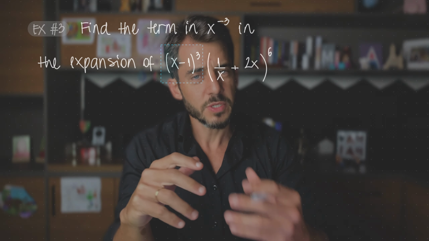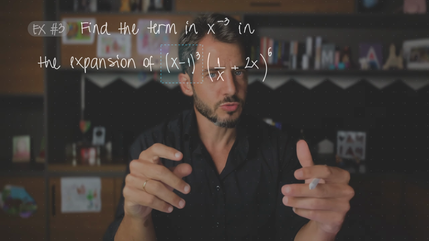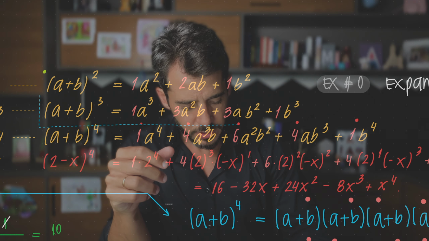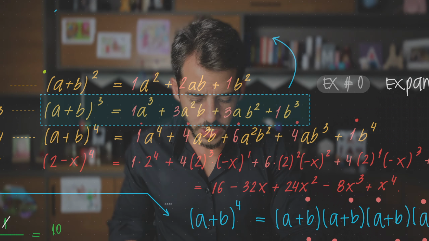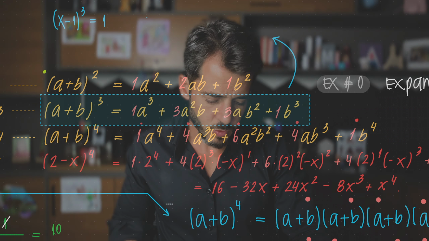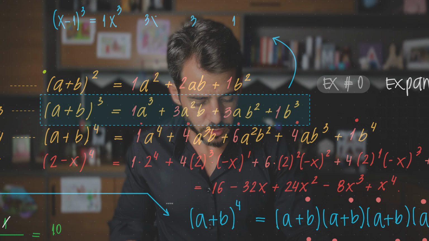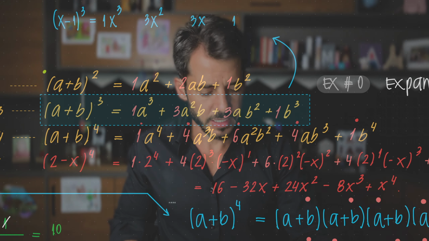Now, this expansion can be done quite fast. If you remember the third row of Pascal's triangle, which we can see right here, 1, 3, 3, 1, we can use it to expand x minus 1 cubed. So we have 1, 3, 3, 1. We have x cubed, x squared, x, and x to the 0.